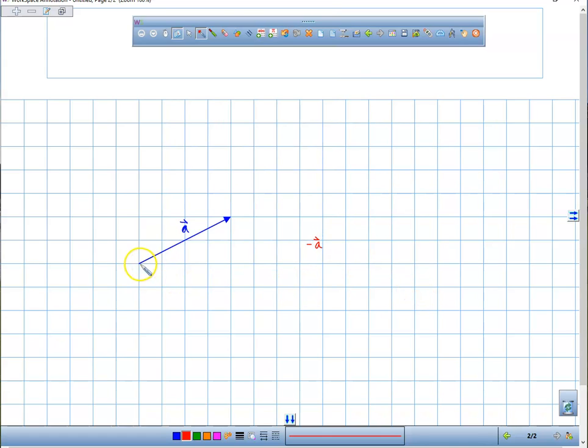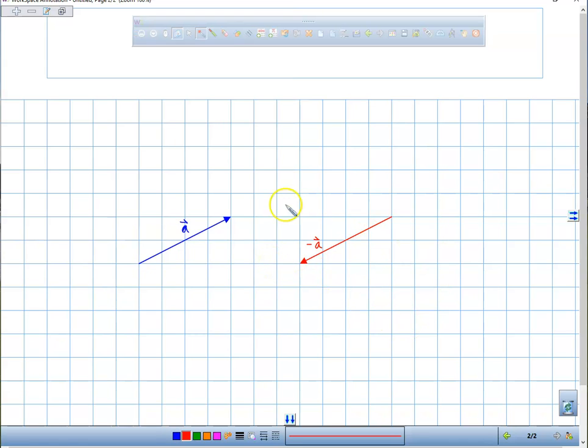If this is the start and this is the finish, then a negative vector would go in the perfectly opposite direction with the same magnitude. So if this goes over 4 and up 2, then what does this have to do? Go over 4 to the left and down 2. So can you give yourself some examples of a positive and a negative?